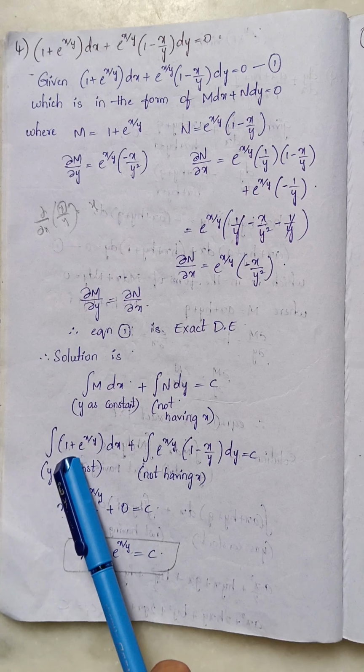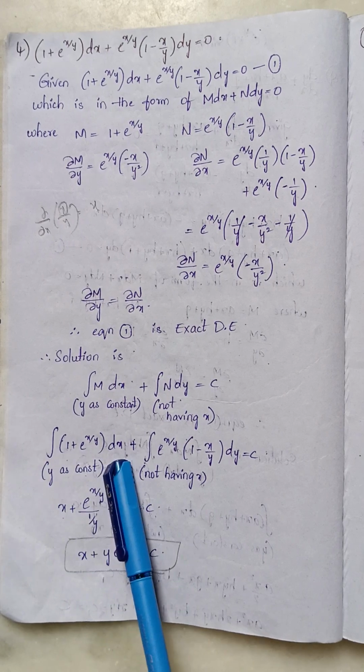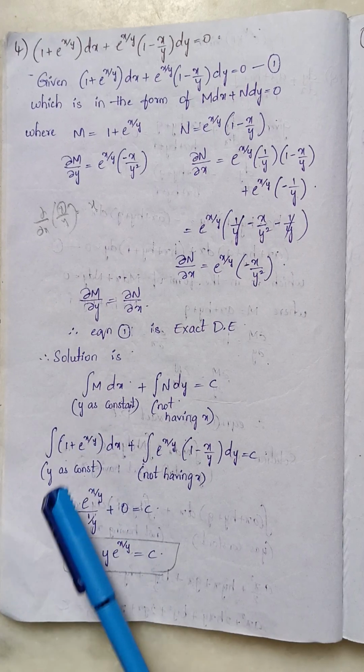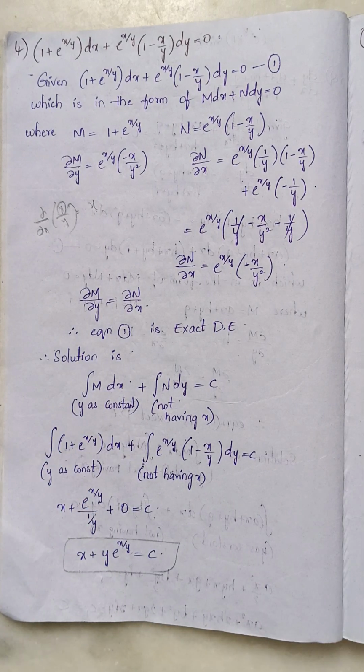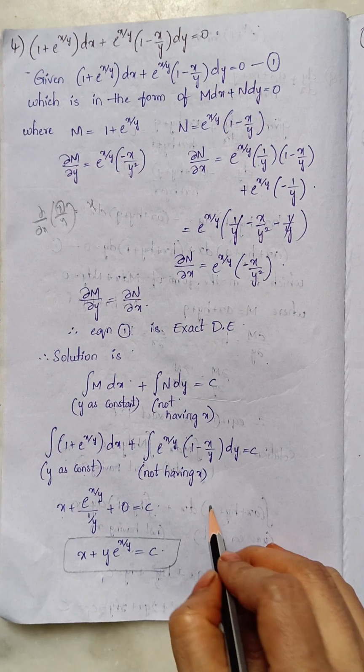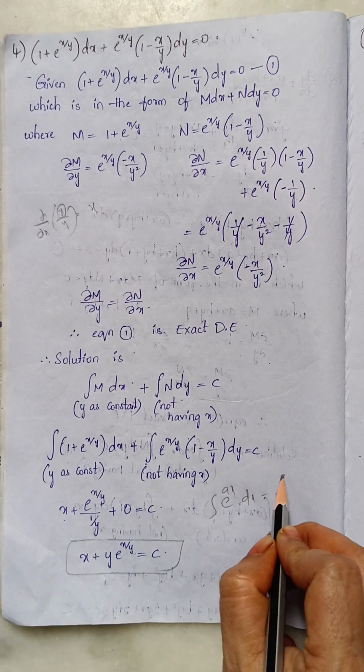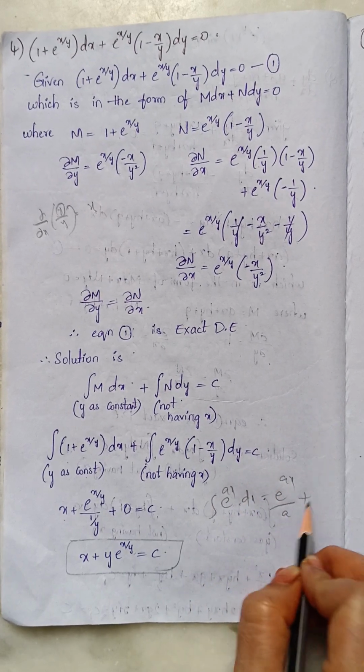Y as constant means here it is a constant, integration 1 into dx is x of course, and e power x form it is, e power x derivative integration is e power x. Okay, so integration of e power ax into dx in the sense e power ax by a plus c.